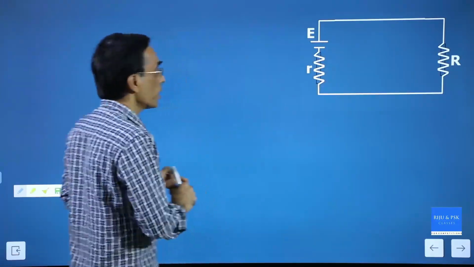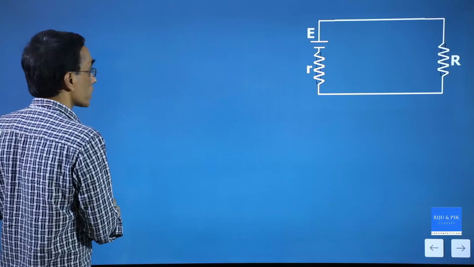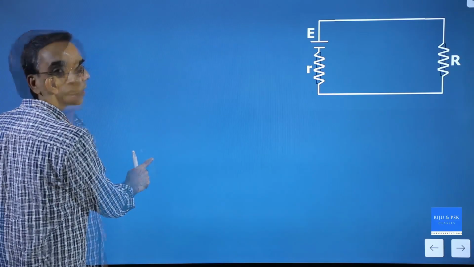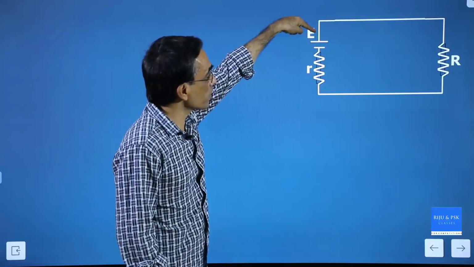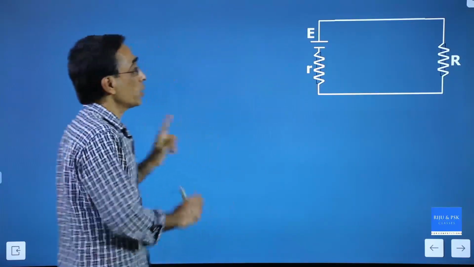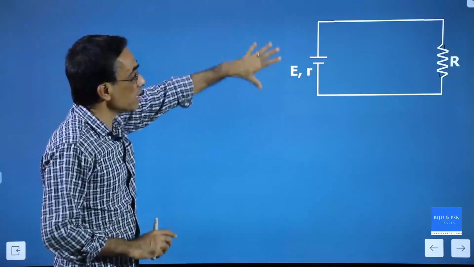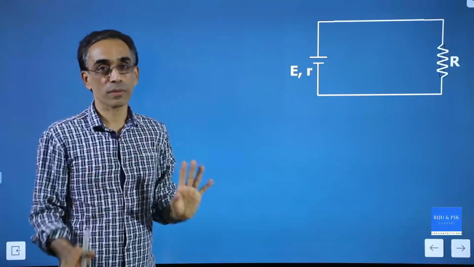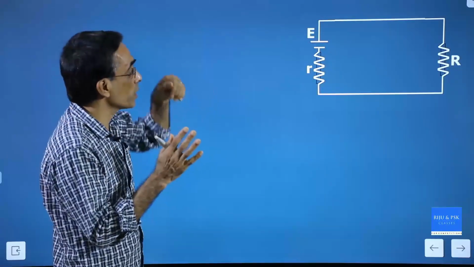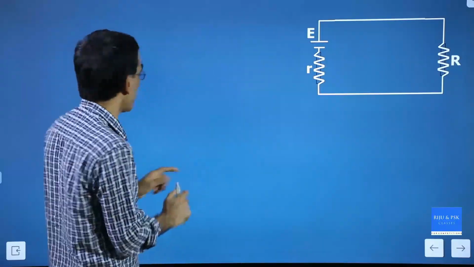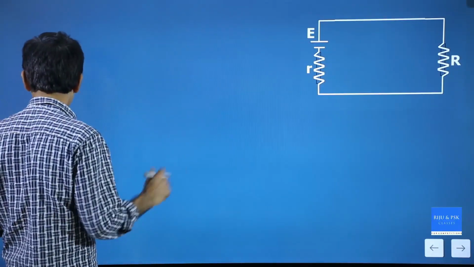Is that okay? Now let us go further. There is one terminal here, there is one terminal here. I'll tell you once more. This is how the circuit will be given to you in the question paper, and this is how you should understand it. That is where you need to put the terminals. Be careful.